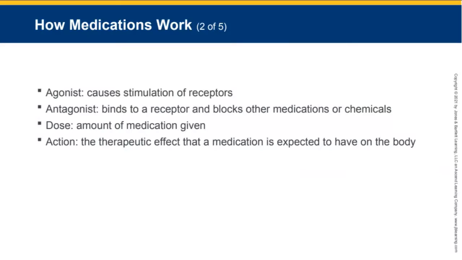For the very young, they may not be able to metabolize a large amount of the drug, and the very old as well. For the very old, their kidney functions or their liver functions may not be as good as when they were in their 20s, and so the dose has to be adjusted accordingly.